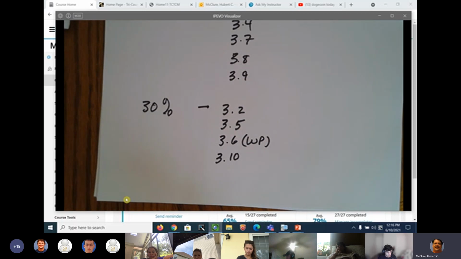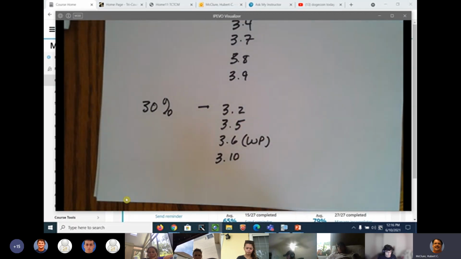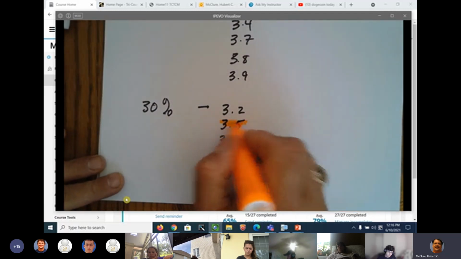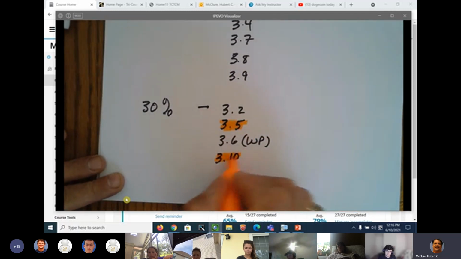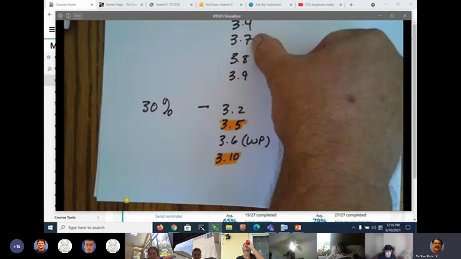And if I was to pick a more important section, that would be 3.5 and 3.10. I would probably color that orange. 3.5 and 3.10 as the second most important to the 70%.